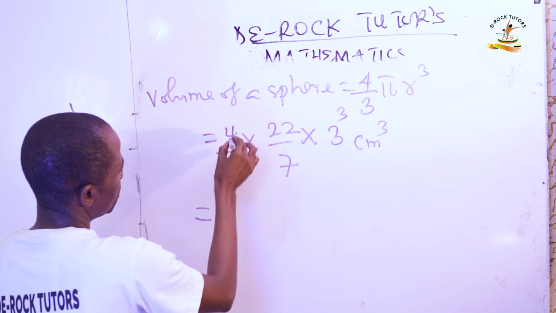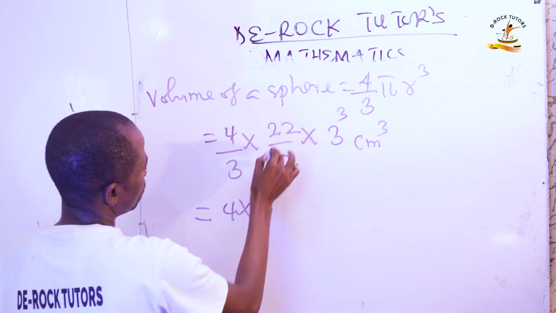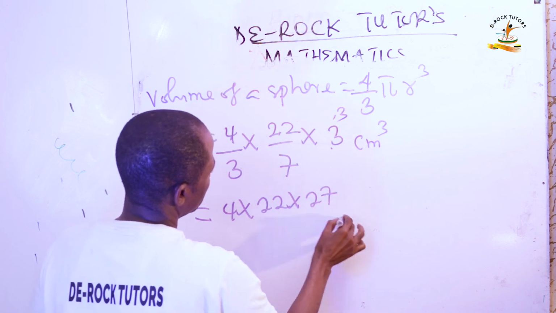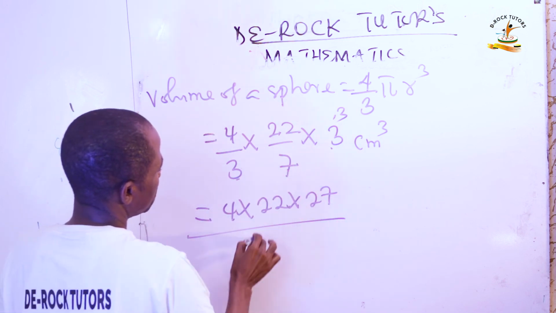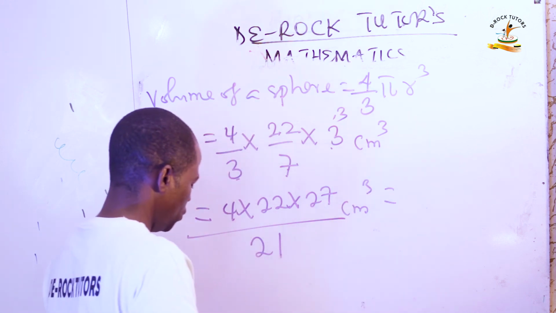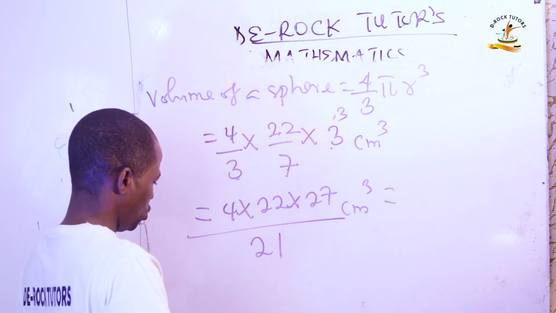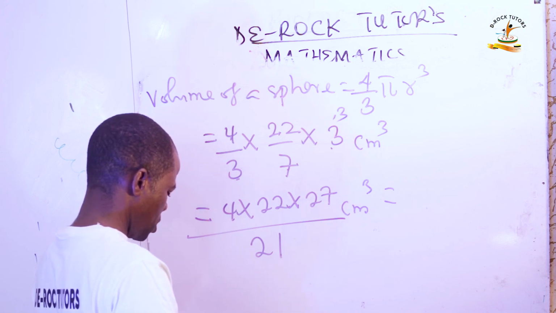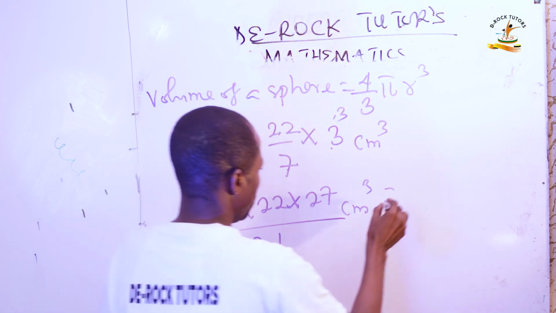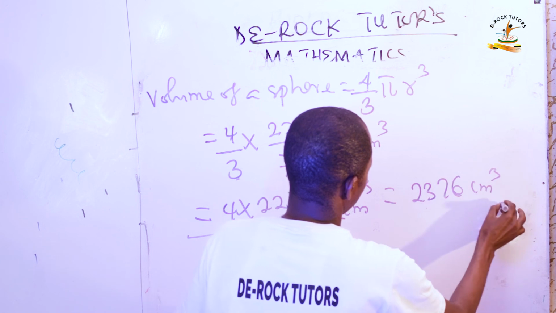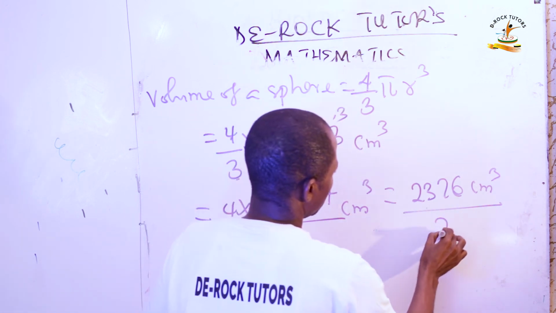So this becomes 4 times 22 times 3 raised to the power 3, which is 27, all over 3 times 7, which is 21, all in centimeter cubed. If you do the multiplication, that will be 4 times 22 times 27, which gives us 2376 centimeter cubed divided by 21.